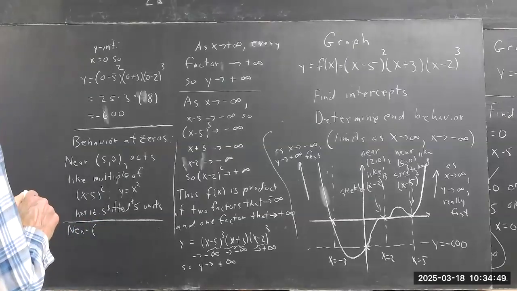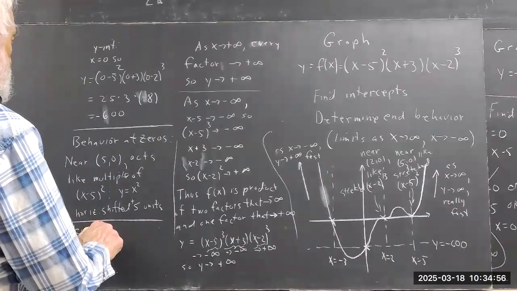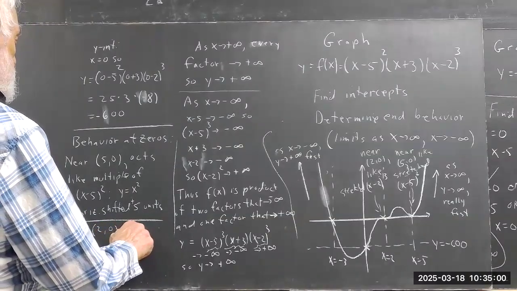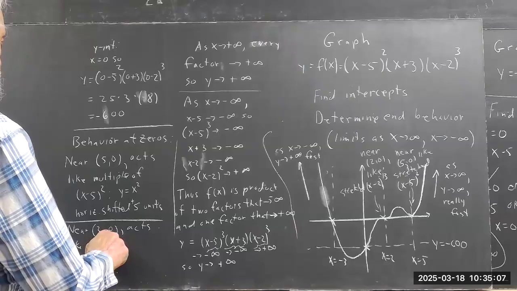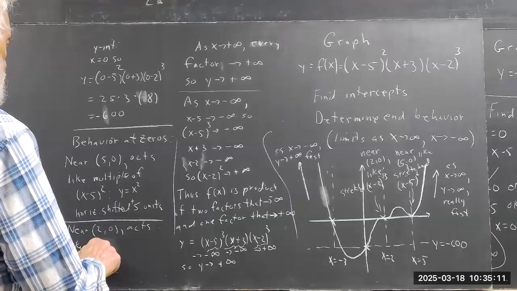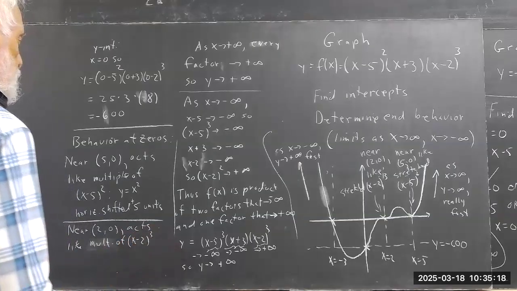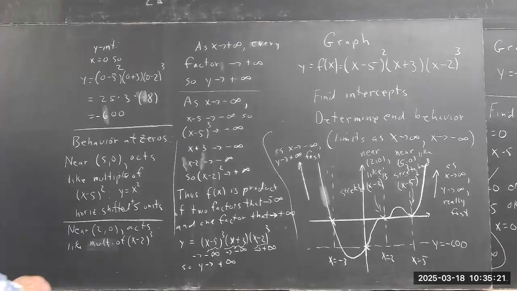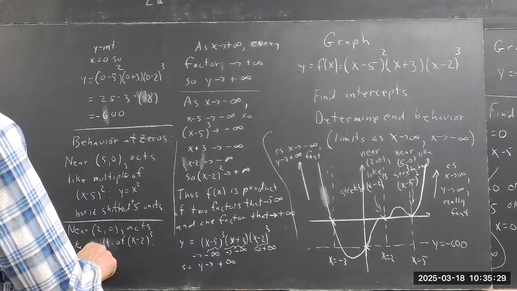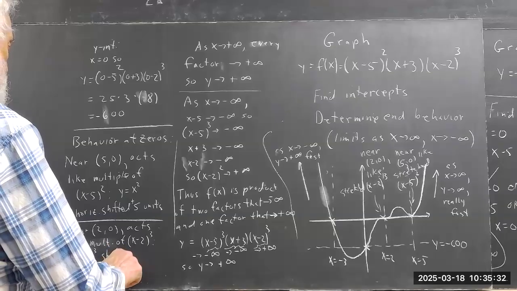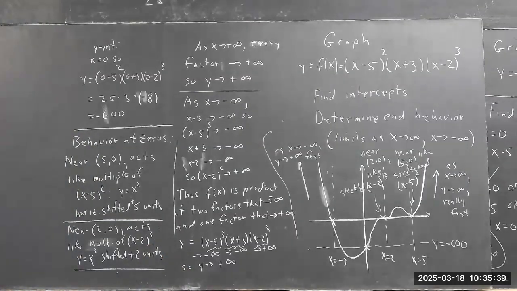There is zero. Like a multiple of x minus 2 cubed, which is y equals x cubed shifted plus 2 units.